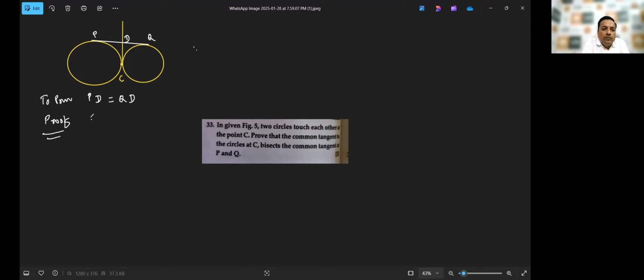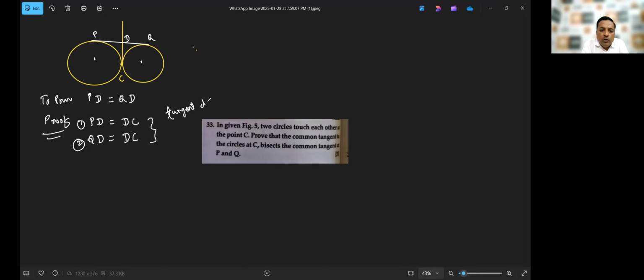प्रूफ क्या होगा? फर्स्ट, PD is equal to DC. The reason: tangents from exterior point to circle are equal. Correct. Then QD is equal to DC. Again, this is for the another circle ना, ये दूसरे सर्कल के लिए, ये फर्स्ट सर्कल के लिए था। This is for the first circle, this is for the second circle. Reason क्या था?